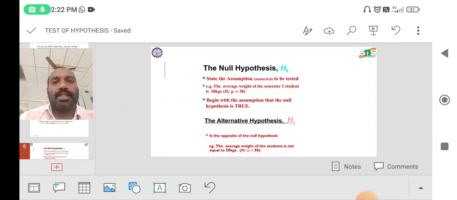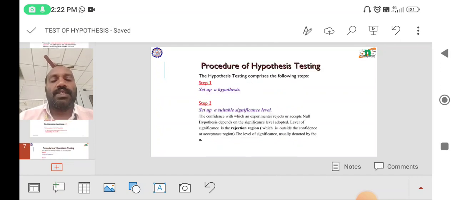Then the opposite is the alternative hypothesis: the average weight of the students is not equal to 58 kg.